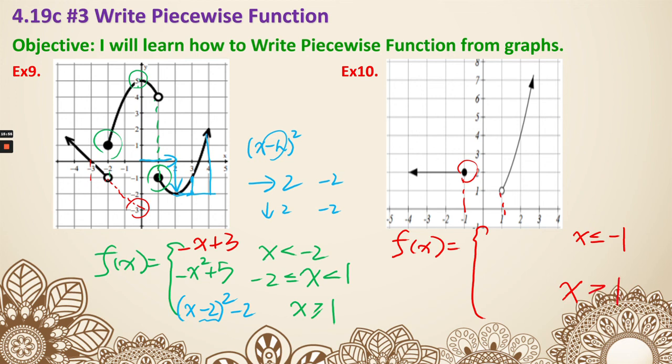For this one, there's actually not enough information. But just for practice purposes, since we're dealing with a parabola, let's pretend this is your vertex, and then we'll deal with it that way. For the flat line, the constant function, it is at 2, so that is just going to be 2. For the parabola, however, it's going to be a bit different. 1 to the right, but this time it's not just 1 up, it's actually 3 up.